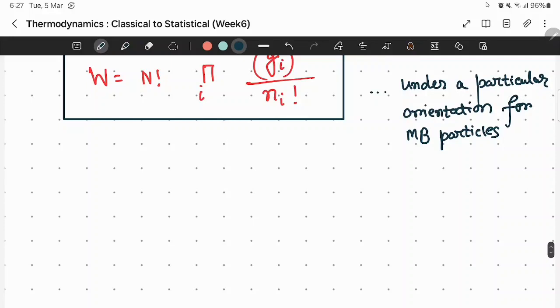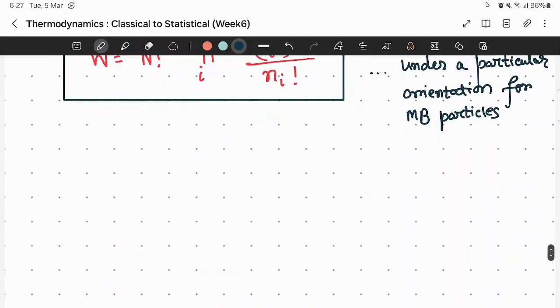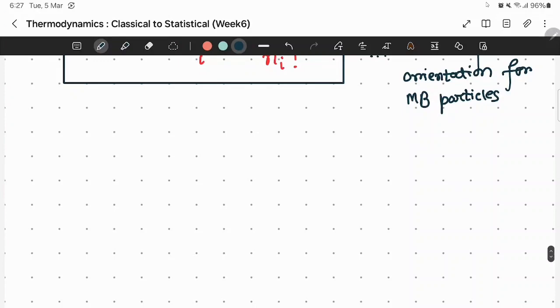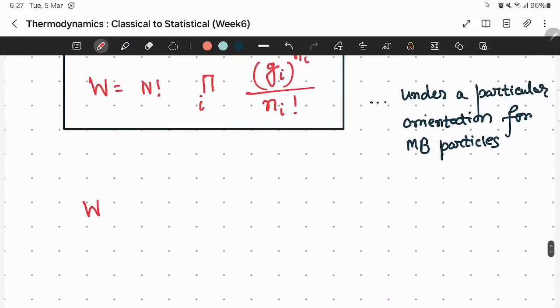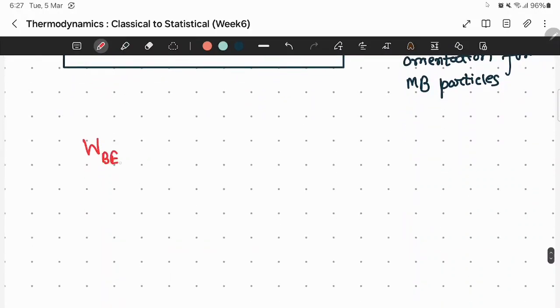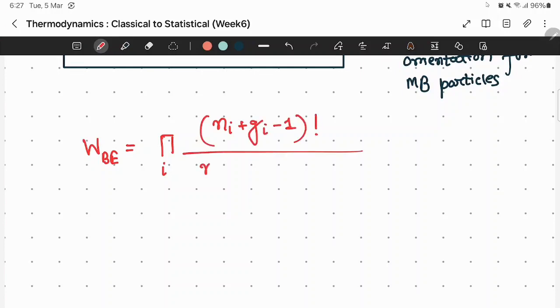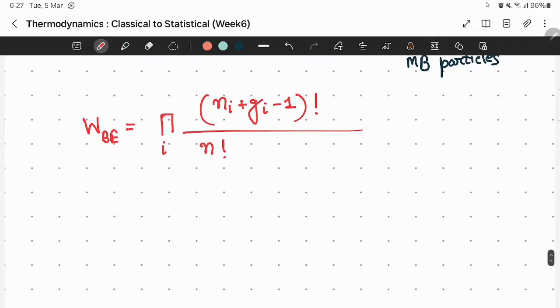Okay, there are two more formulas that are also important because this one is for the Maxwell-Boltzmann particles, so it is better to write MB. For the Bose-Einstein particles, it will be as written. The proof of this expression is not required.